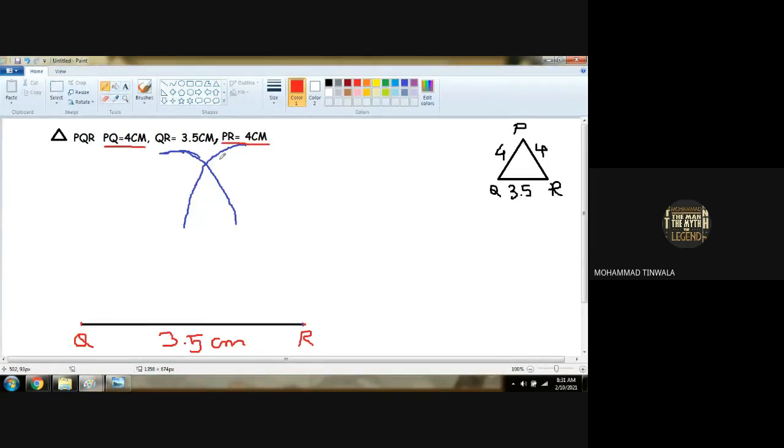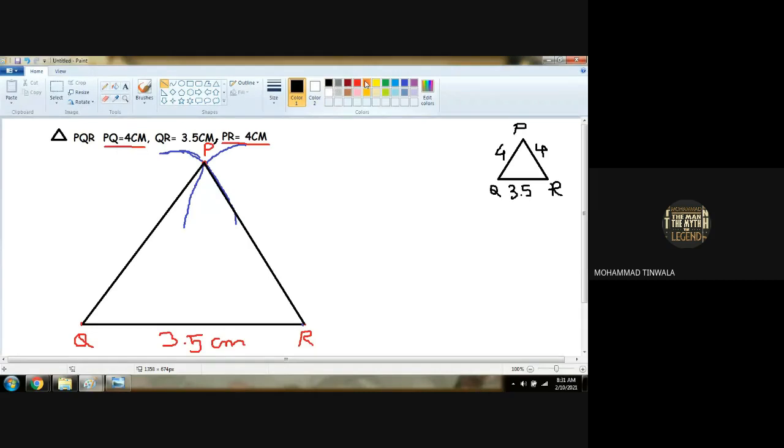Do you understand or not? So this intersecting point will be P. Now we have to join point P and point Q, point P and point R. So this is the diagram.